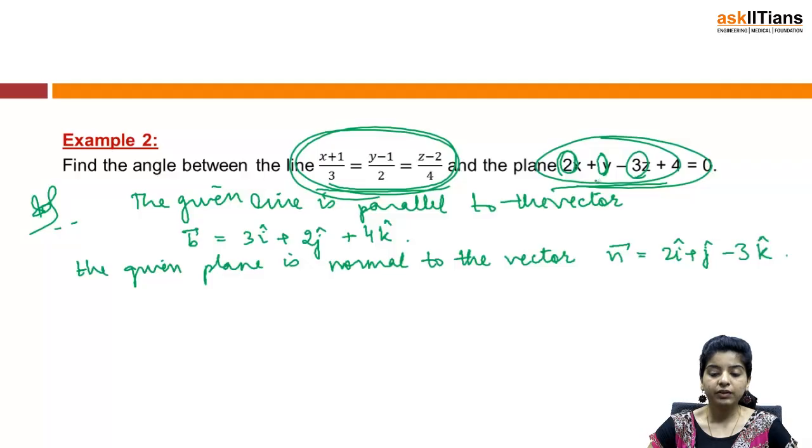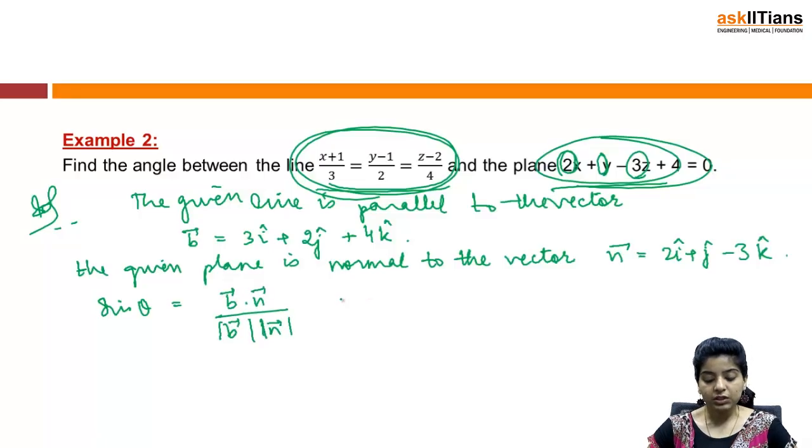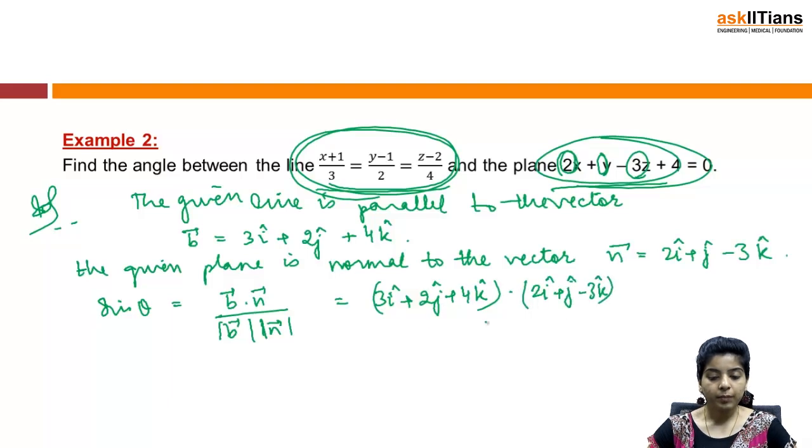This is normal to the vector, and if you remember, we have discussed that sin theta in this case would be b dot n by magnitude of b magnitude of n, which means (3i plus 2j plus 4k) dot (2i plus j minus 3k) by under root of 3 square plus 2 square plus 4 square, and then under root of 2 square plus 1 square plus 3 square.